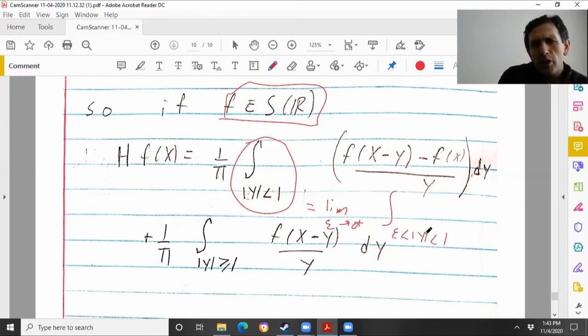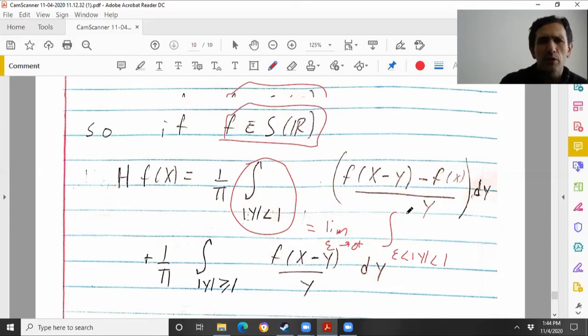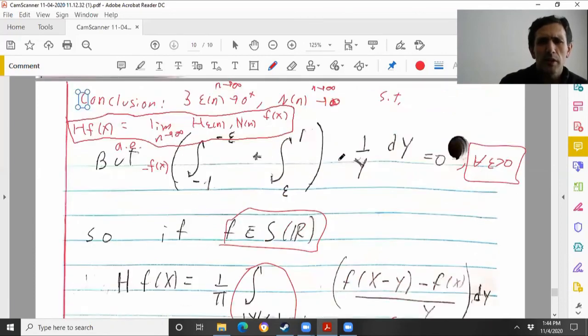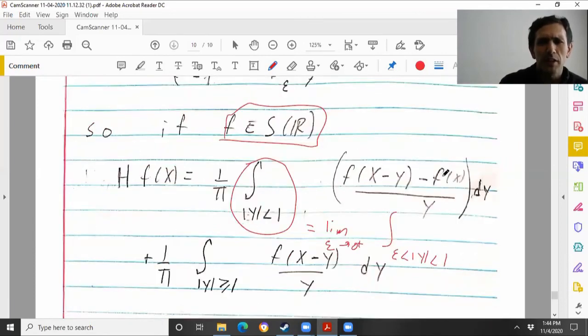So there's no issue with just saying that this integral here is going to be this limit. Again, everything's nice and bounded because f is differentiable. So why not? Now here, we can still use this fact to get rid of this minus f of x over y.